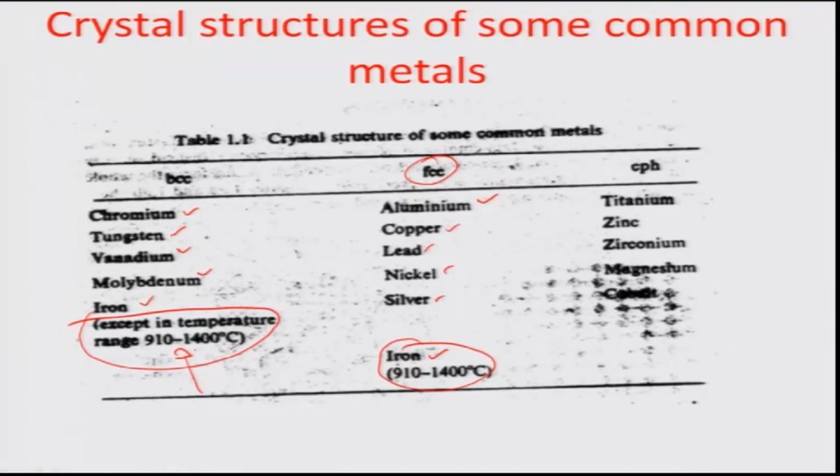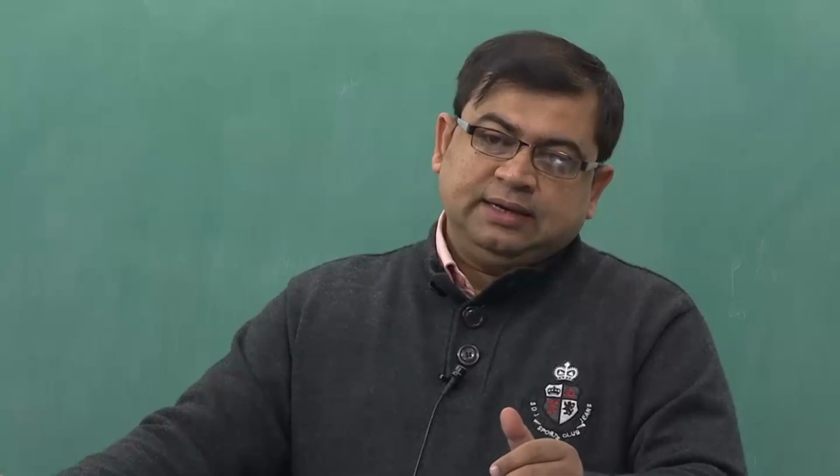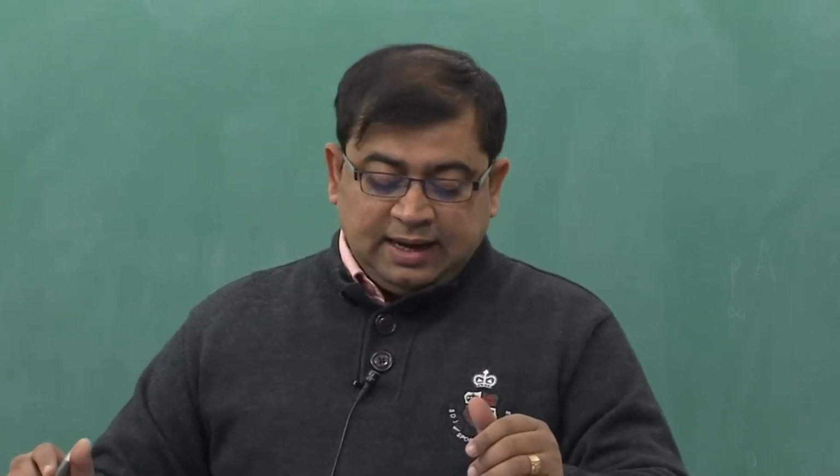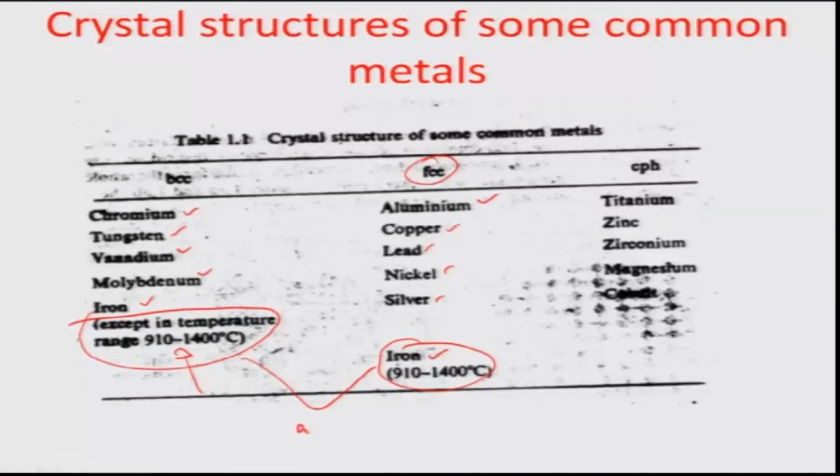Such materials do exist where there are multiple crystalline states, and particularly in the case of iron it is temperature specific, that the FCC state gets formed in a certain temperature range in which the iron can be kept. Those materials are known as allotropes, where more than one crystalline state is possible.